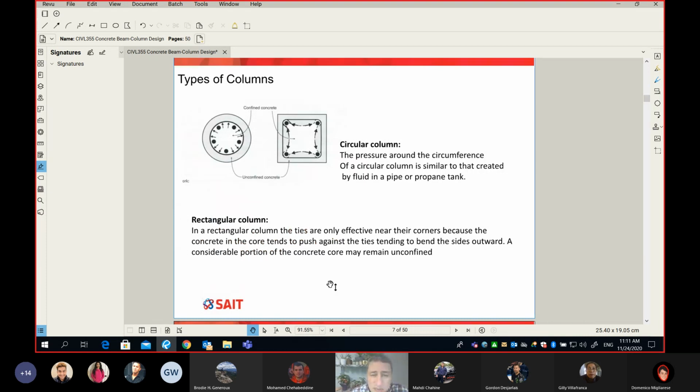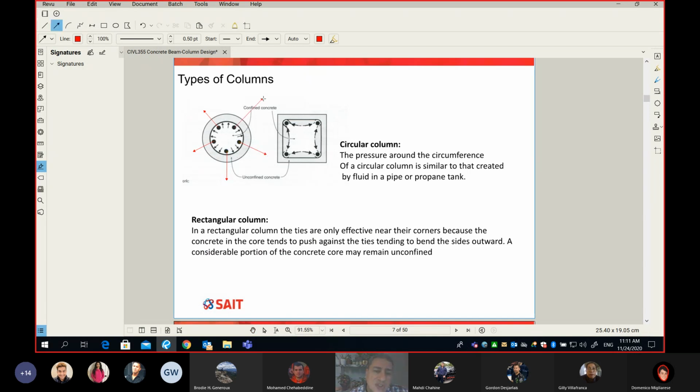Really, what's important for me is this. This slide here is very, very important. Yes, the ties are trying to prevent those bars from buckling. Watch this, please. I'm going to mark the bar and mark where the bar is wanting to go. All those bars are trying to buckle to the outside, not to the inside.